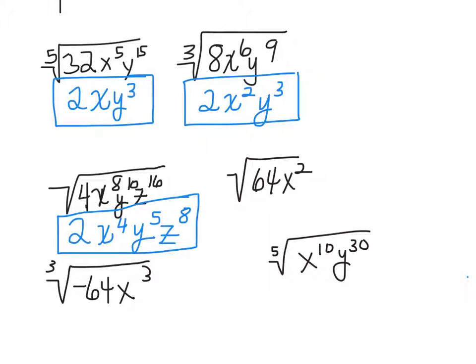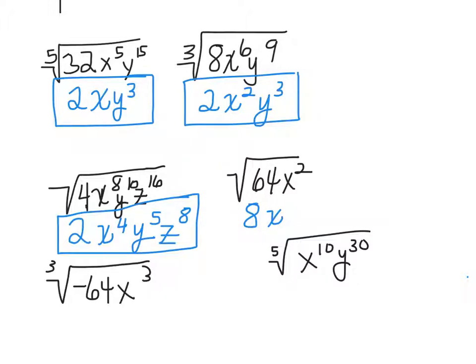So 64, what is the square root of 64? Well, what times what is 64? 8, right? So the square root of 64 is 8. And to find the square root of x squared, all I do is say 2 divided by the index, which is 2. So 2 divided by 2 is 1, so I really have x to the first, or just x.